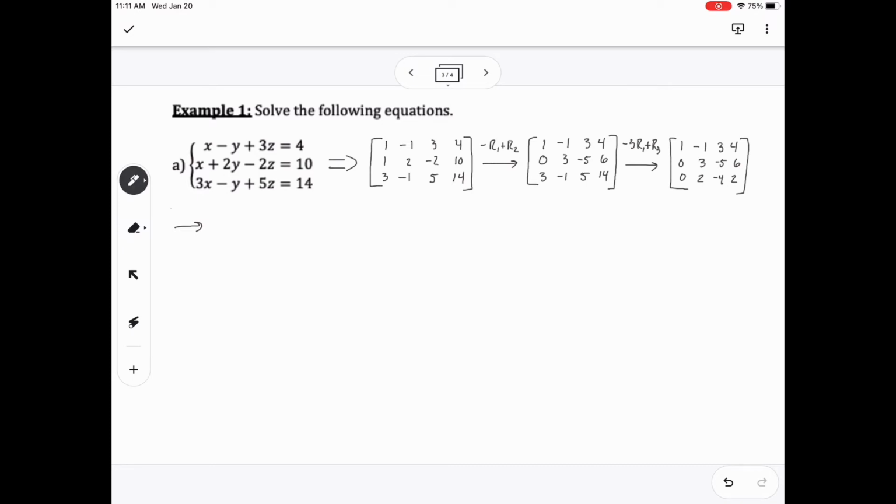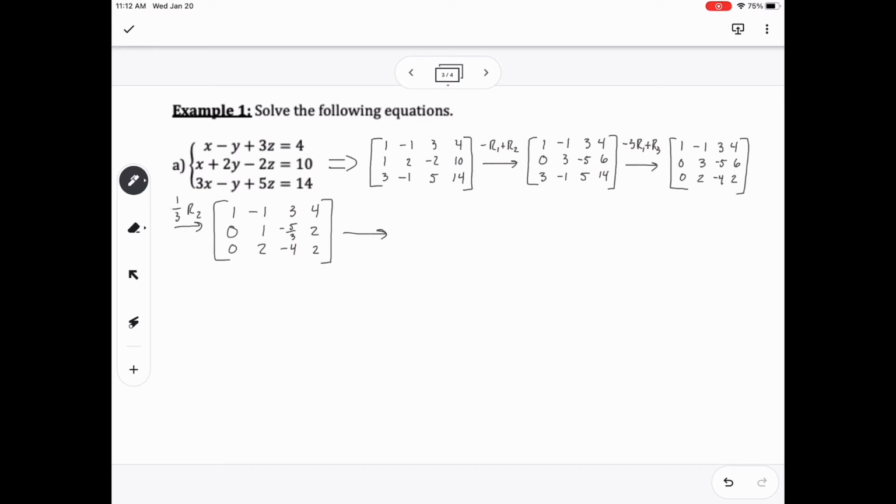Then I do the same thing to get the 3 in the last row to be a 0. I multiply the top row by -3 and then add it to row 3 to get that equation. But that also does it to everything else, so each column is changed based on what you do to that row, because you're adding the entire row to another row. Now I want the entry in the second row, second column to be a 1.